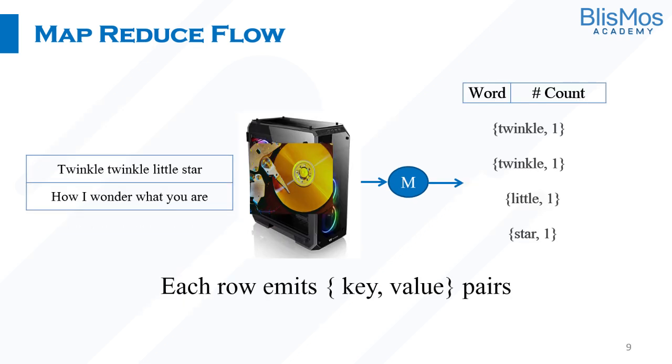Now, whatever the individual system is, this is how the results will look. The code is taking a word and providing a count. It is making pairs out of this, something called key value pairs. Okay. Are you guys with me?